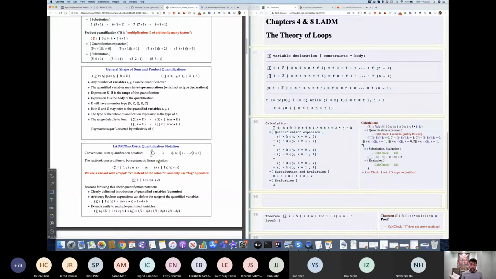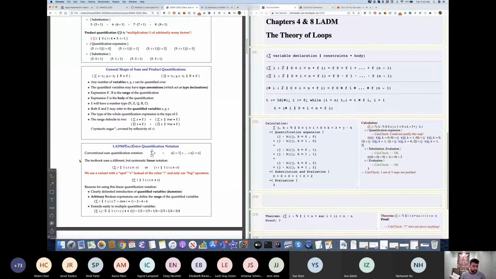And the linear notation also forces us to give greater attention to the range, where all the action happens, or most of the action happens in the range as well as in the body. Whereas the two-dimensional notation squeezes the range all the way down here and makes it hard to manipulate, as we talked about last time.